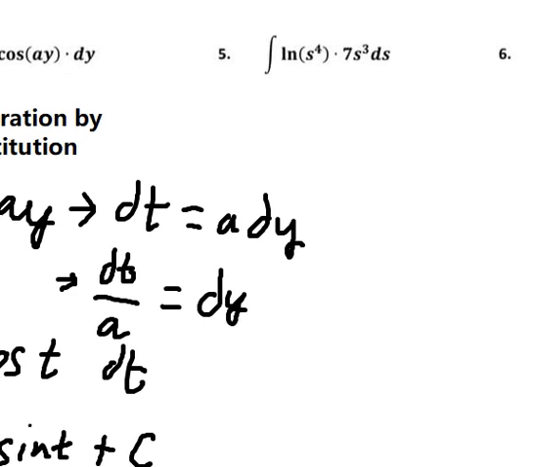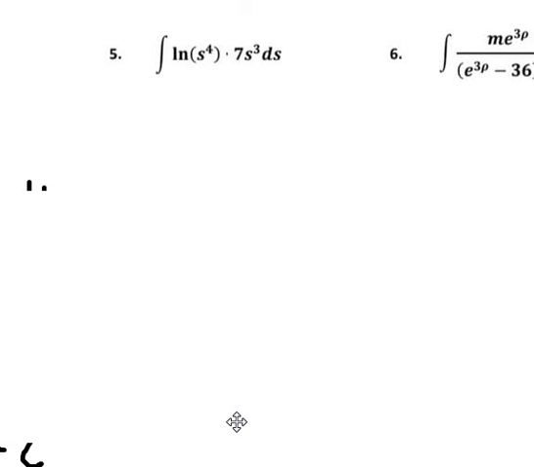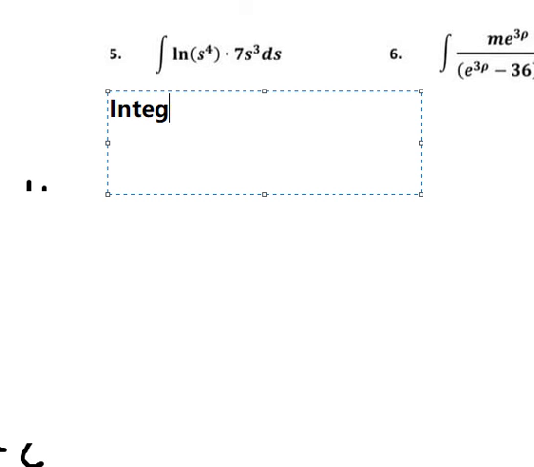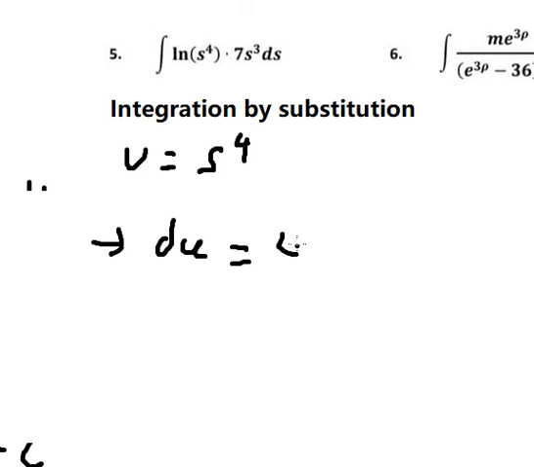Now we go to question number 5. We use the same integration by substitution. So I will put u equals to h to the power of 4. Later that we do first the derivative for both sides, and we have 4h to the power of 3 dh.